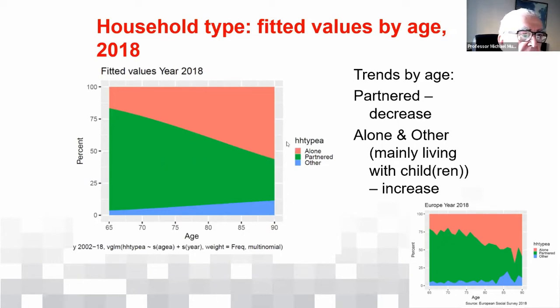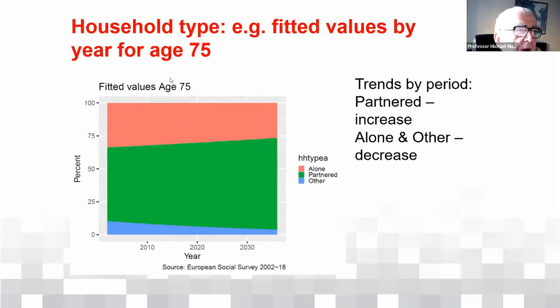And we now look at what happens to these trends over time. So we just select one age, say age 75, and we find that over time from just over 2000 to 2036, we expect the proportion of the population that are partnered to actually increase somewhat, the proportion living alone to decrease, and the other group to decrease slightly as well.